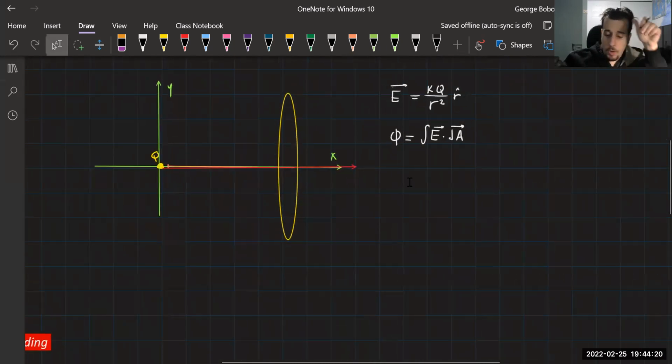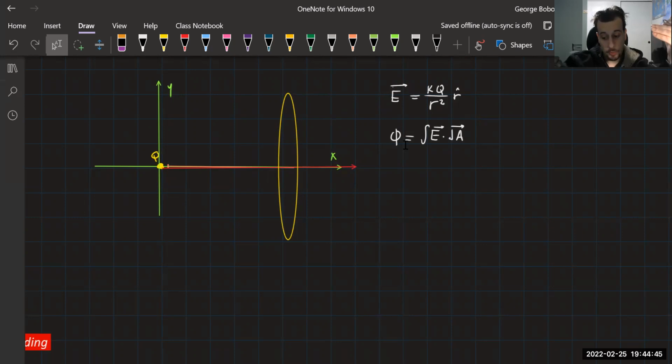I want to think right now about how I can build a building block to calculate the flux. When I'm thinking of building blocks in general, whatever quantity I want to integrate, I'm thinking of something that experiences the same amount of the quantity I'm integrating.